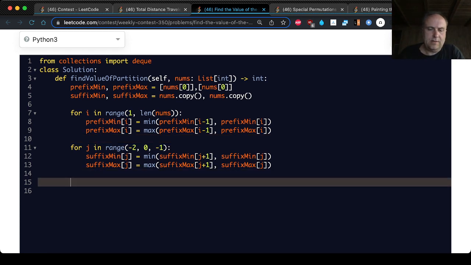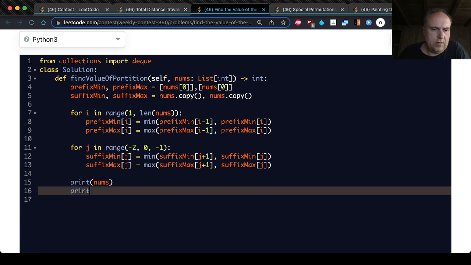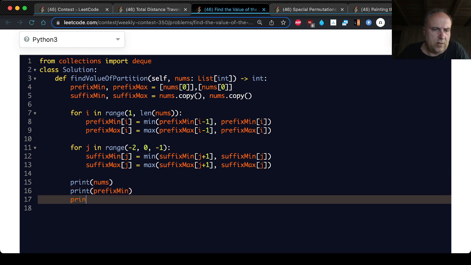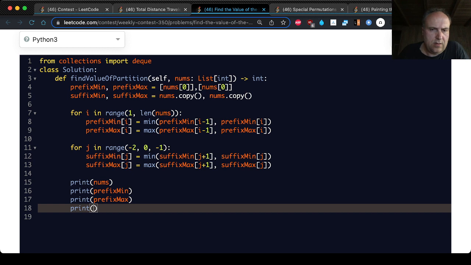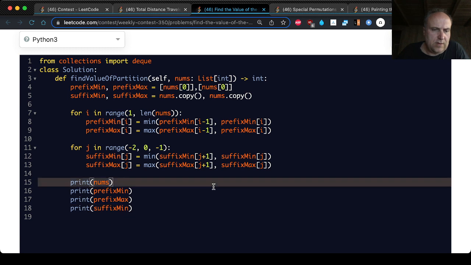I mean, let's print prefix nums, print prefix min, and prefix max, print suffix min. Maybe I want to do this below, right?